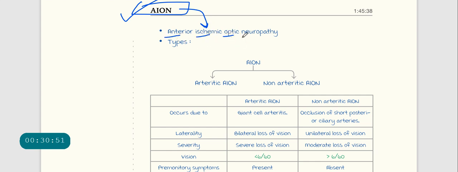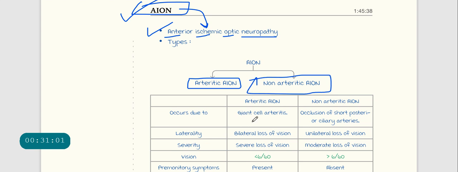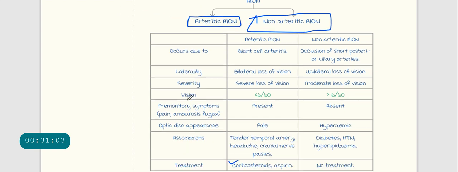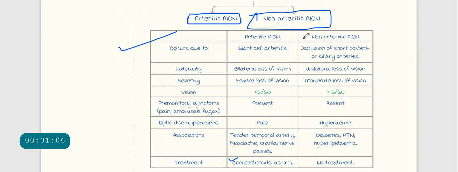Let us discuss the arteritic one and the non-arteritic one. The arteritic one occurs due to giant cell arteritis, and the non-arteritic occurs due to occlusion in the short posterior ciliary artery.